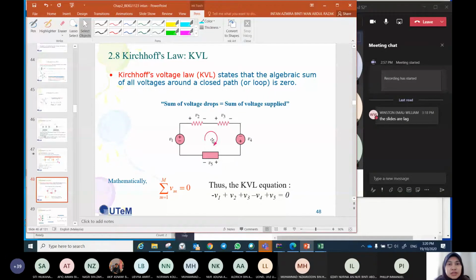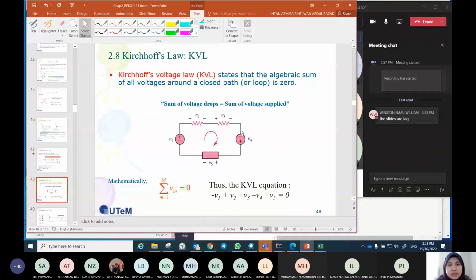When we do the KVL equation, you may start at any element. You may start at V2, V3, up to you. How to take the positive and negative sign of the voltage drop? Please be consistent. If you start with the first sign, meaning positive V2 plus V3 minus V4 plus V5 minus V1 equal to 0.